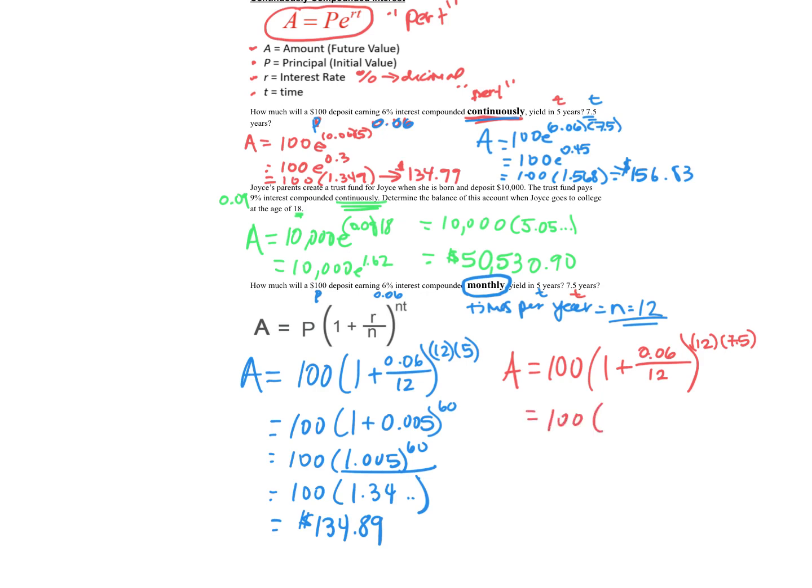So what do we get? 1.005, and 12 times 7.5 is 90. And then 1.005 to the 90th power. What's that number? 1.566, and so on. So after 7.5 years, Joyce or whoever is going to make $156.66. That's it.